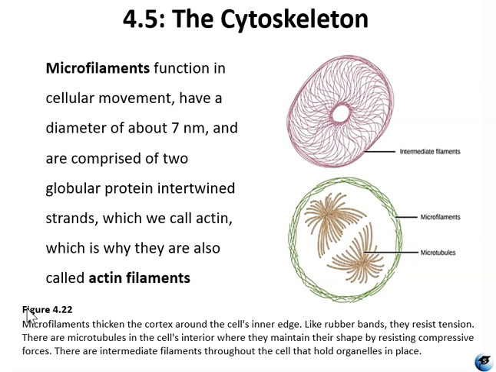Microfilaments, aka actin filaments, thicken the cortex around the cell's inner edge. There are microtubules in the cell's interior where they maintain their shape by resisting compressive forces, and there are intermediate filaments throughout the cell that hold the organelles in place.